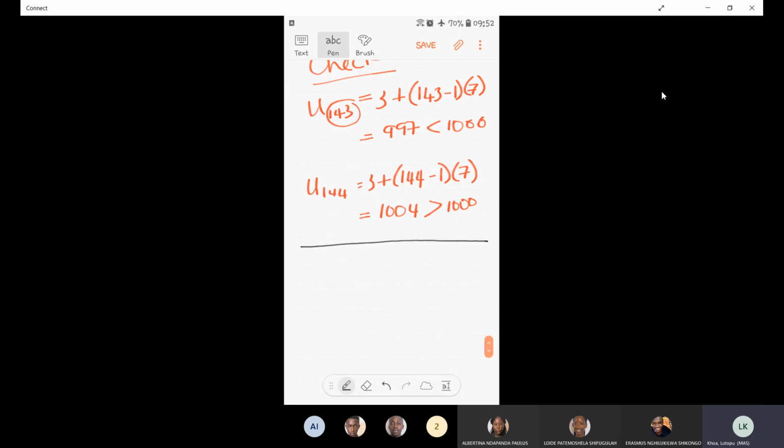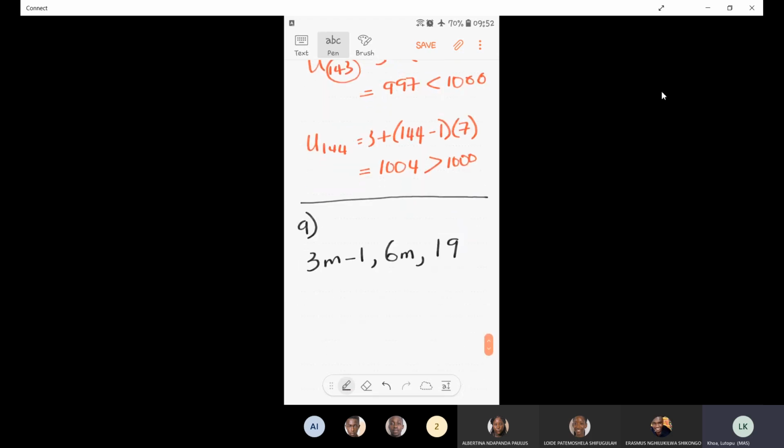Then number 9. Now with number 9, we are told that these three terms, 3m minus 1, 6m, and 19, these are the first three consecutive terms of an arithmetic progression, and we are told to work out the value of m.